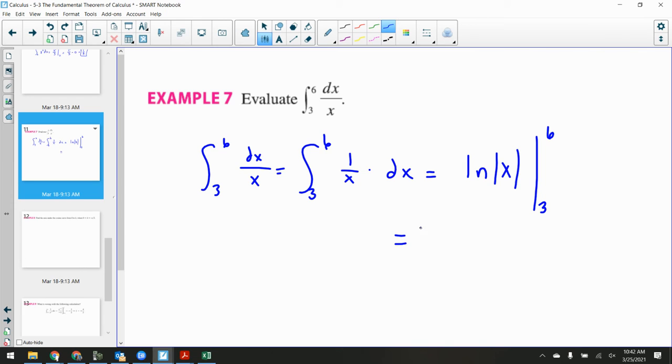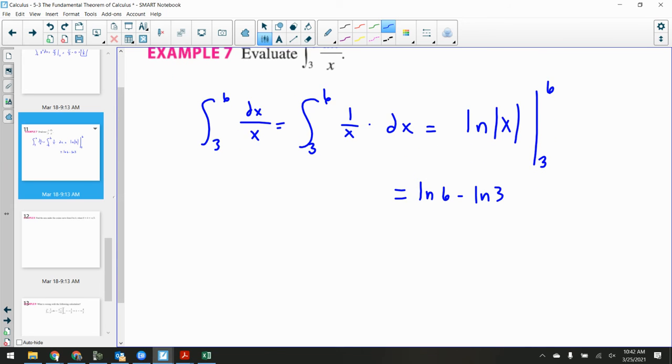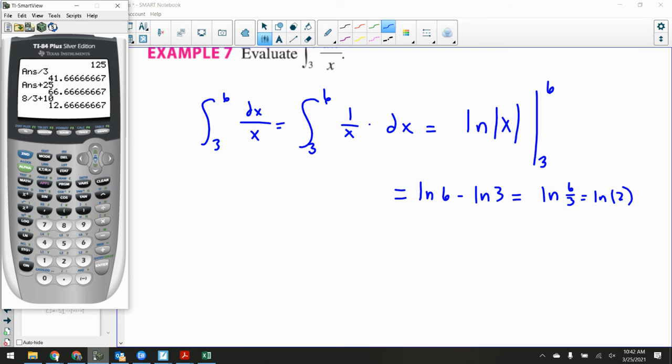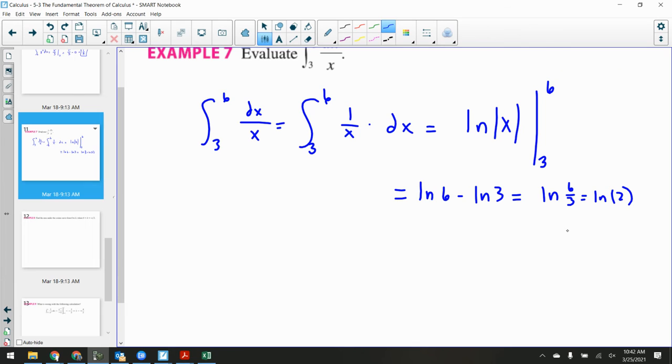So that's going to be ln of 6 minus ln of 3. And with this one, we can use our properties of logarithms to say subtraction means division. This is ln of 6 over 3, which is ln of 2. Which, I guess we could have just done the subtraction in our calculators too. But ln of 2 is 0.693.